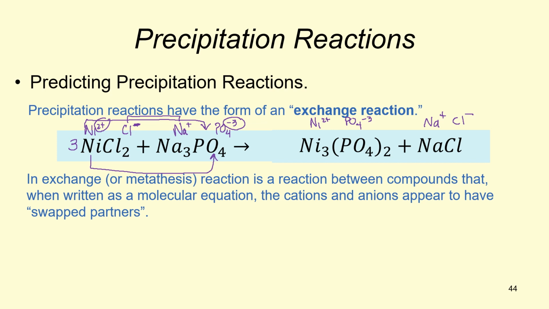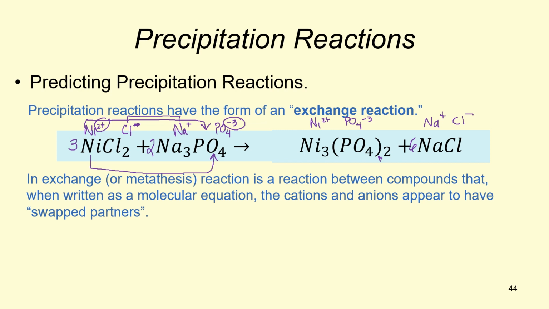So if I put a 3 in front of there to balance my nickels, now I have 6 Cls. So if I put a 6 in front of there, I have 6 Cls. I also have 6 sodiums, so I'm going to have to put a 2 in front of there, and that gives me 2 times 3 is 6. And then because of distributing, I've got 2 phosphates and 2 phosphates. So this is a balanced equation.